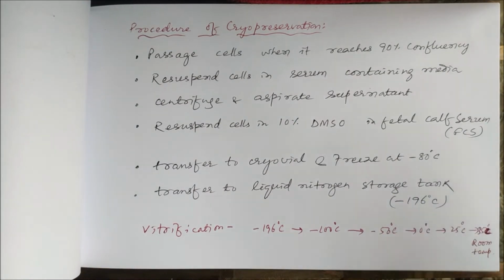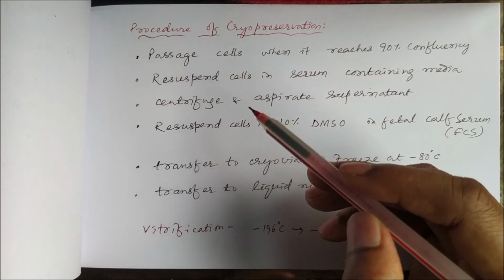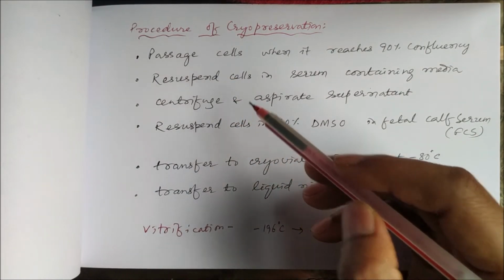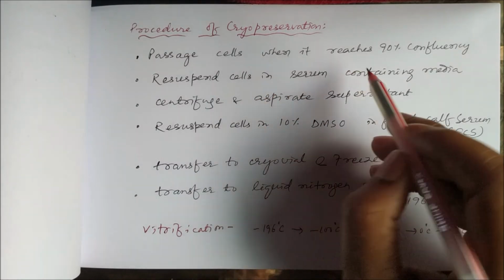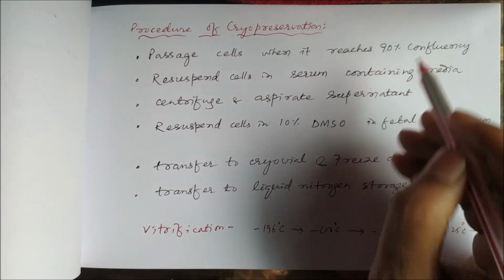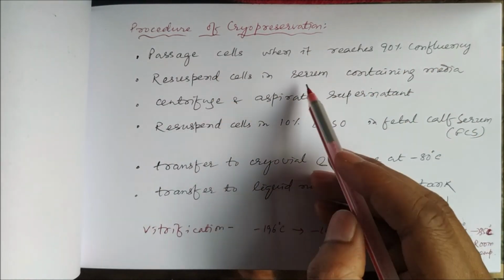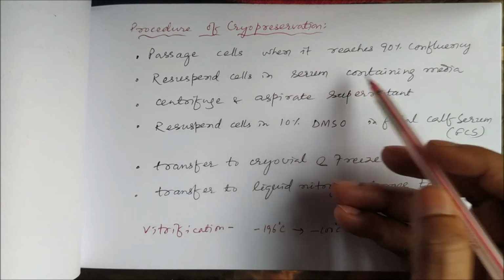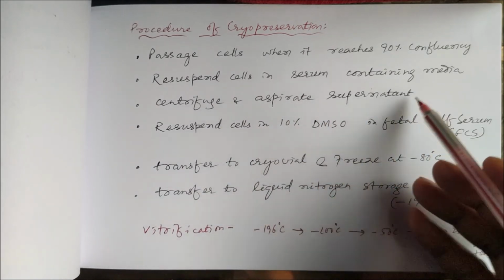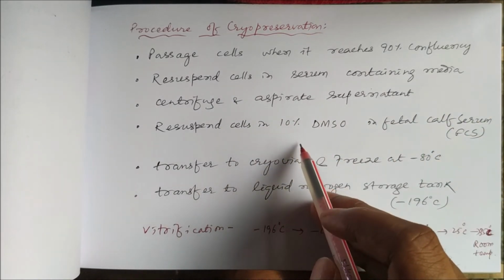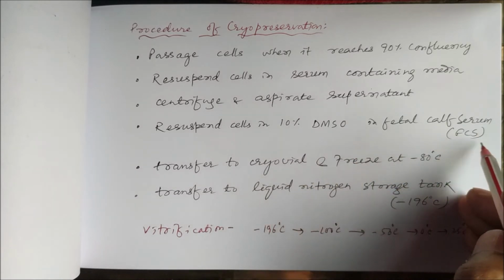So what is the process? First, before confluence we need to passage the cells. Before they reach 90% confluency, we have to passage the cells, suspend them in serum containing media, centrifuge, aspirate the supernatant, and resuspend the cells in 10% dimethyl sulfoxide in fetal calf serum.